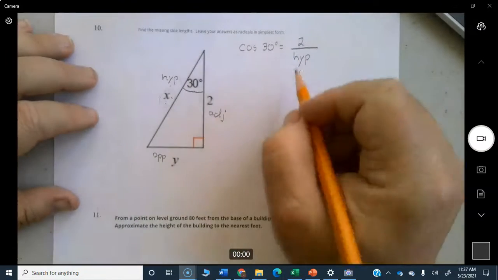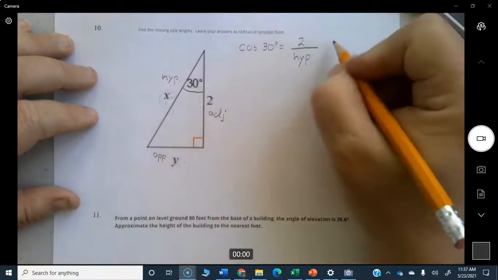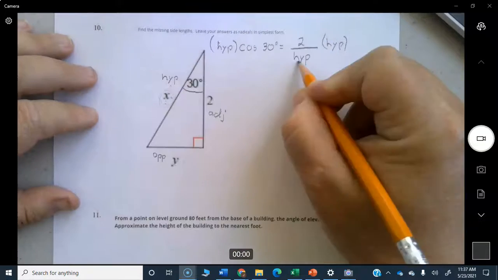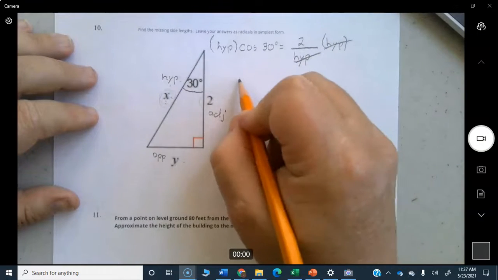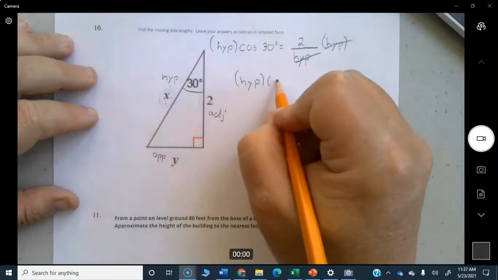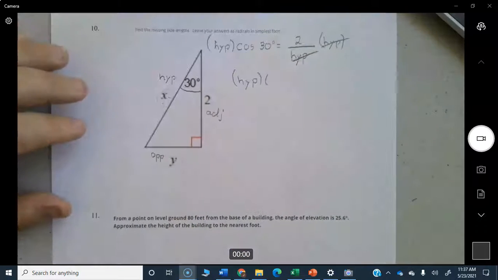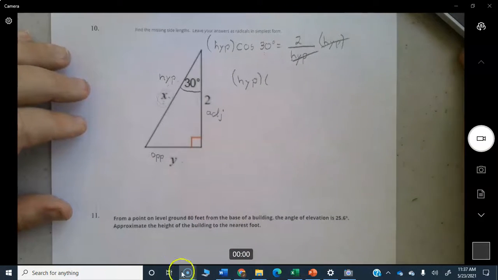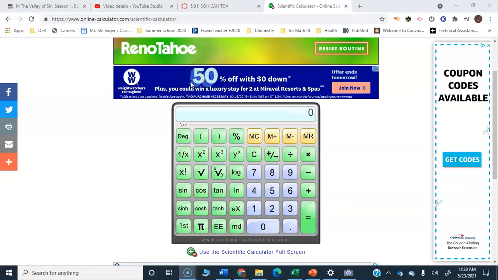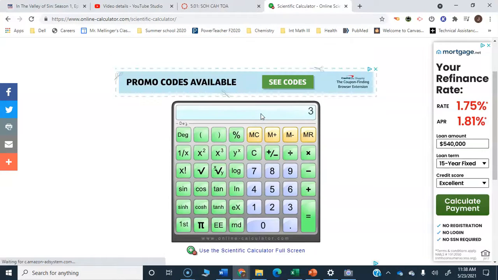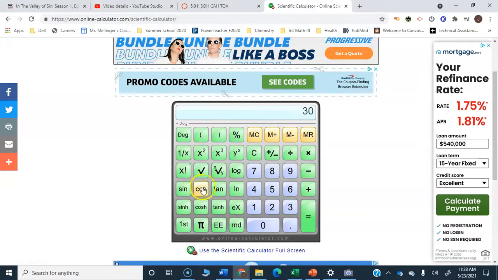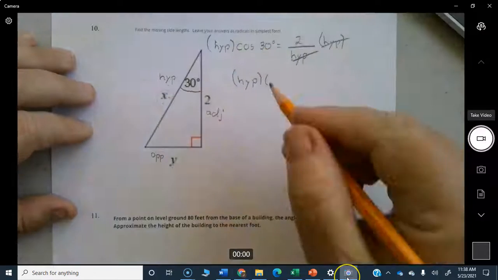All right, so we have to solve for hypotenuse. Since it's on the bottom, it's 2 steps. These cancel, and so what we have down here is this. And if we want, we can determine the cosine of 30. So here we have the online calculator. We type in 30 and we want cosine, and it's 0.866.